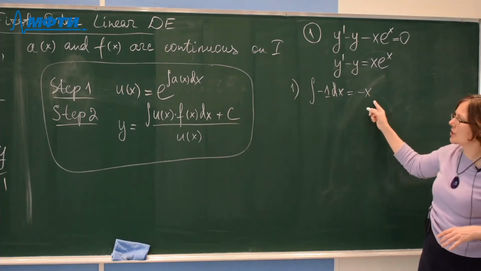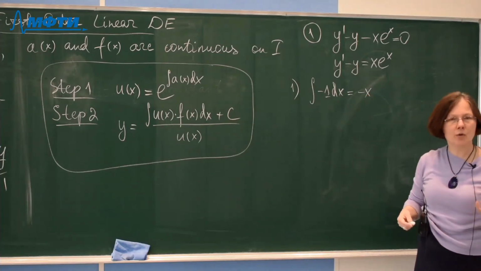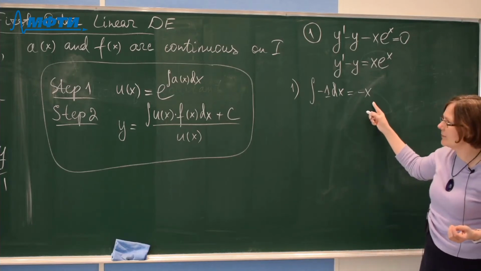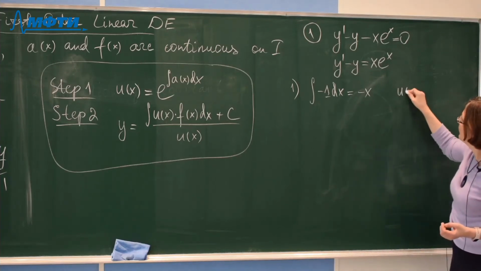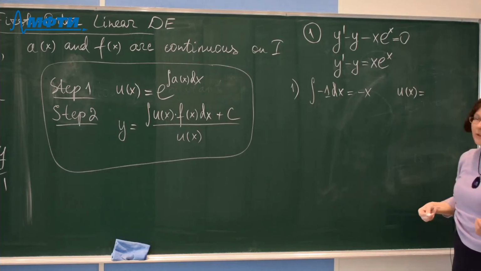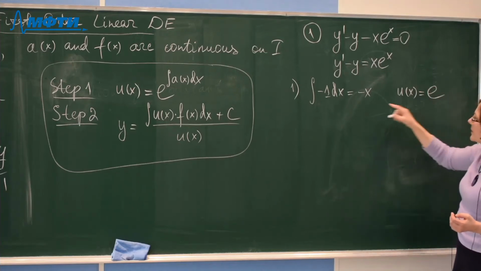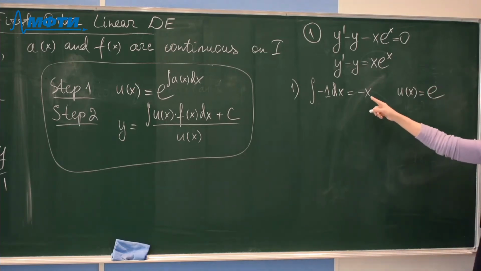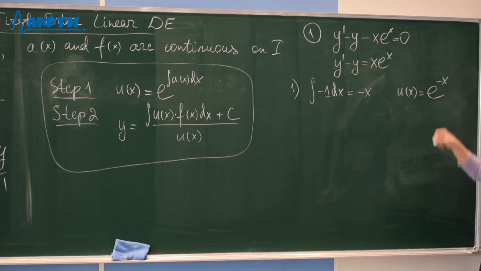We need just one antiderivative, not all the antiderivatives. And what is u? U will be e raised to this power, minus x. This is an integrating factor, and we have found an integrating factor.